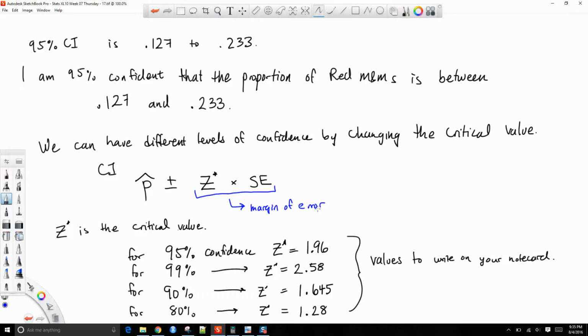So what we have for the M&Ms is that our sample proportion was 18% with a margin of error of 5.3%. You add or subtract that to get the range of plausible values that we have.